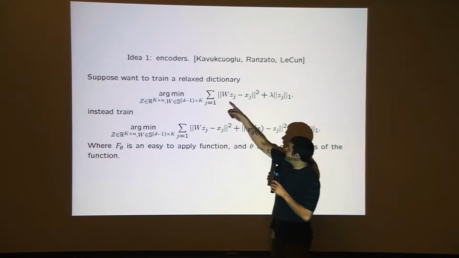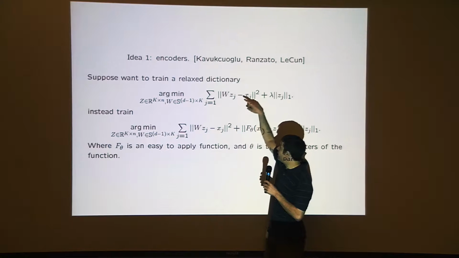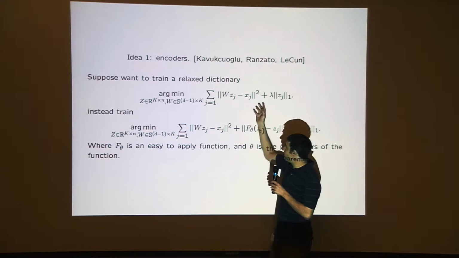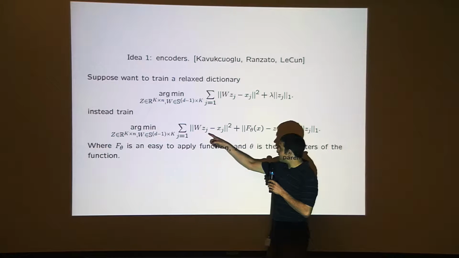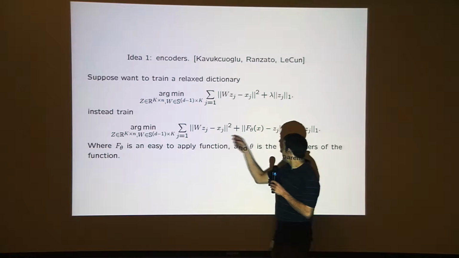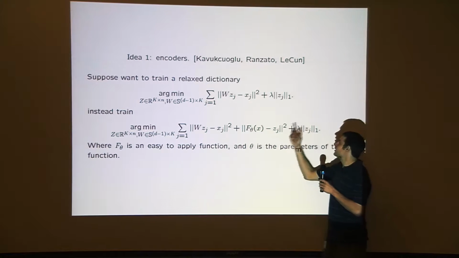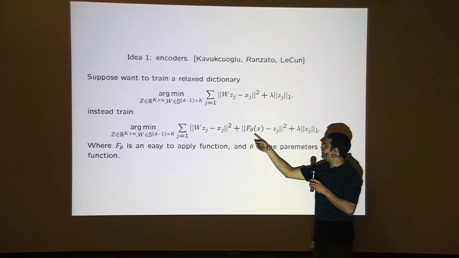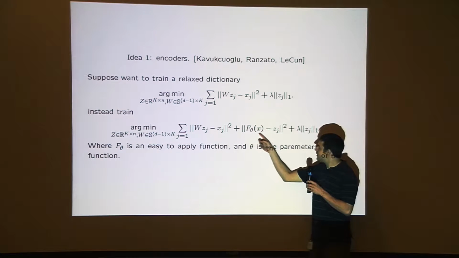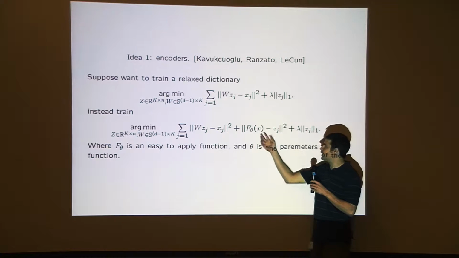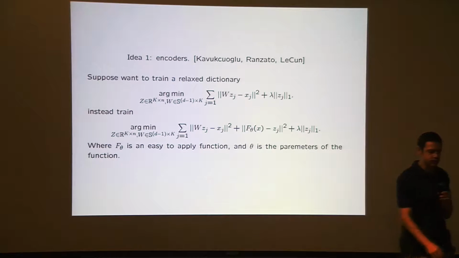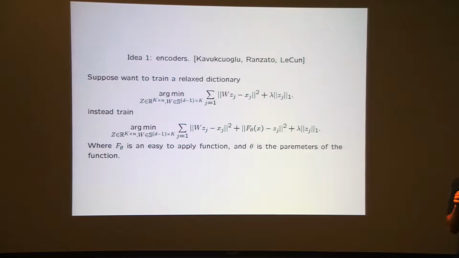So instead of training the dictionary and the coefficients so that they match the data, you train the dictionary and the coefficients so they match the data, and so that the coefficients are sparse, but so that the coefficients are easily approximated by some parametric function that you control and is easy to apply.